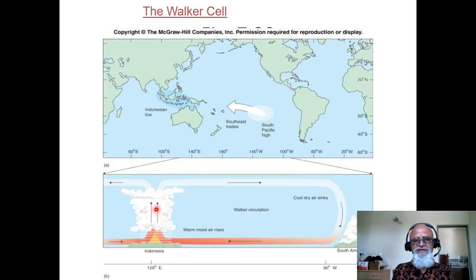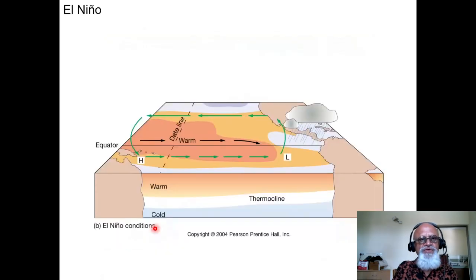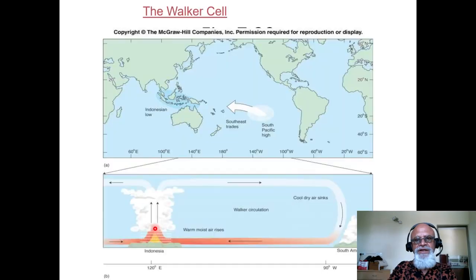Rising air, lots of convection over Indonesia, the maritime continent, winds coming this way and sinking here, also going that way and sinking over there. And this is dry desert here on the South American side, and the ocean upwelling and the air comes back near the surface, completes the loop, and this loop gets perturbed during the El Nino condition, which we'll come back and look at.